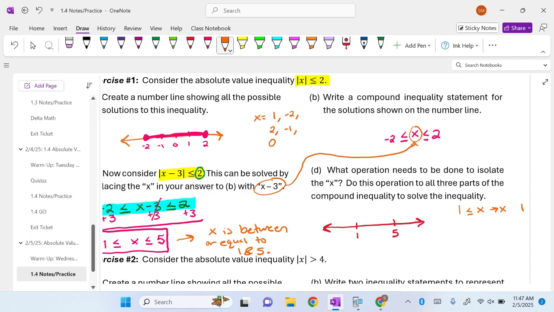So guys, if 1 is less than or equal to x, then it could also be said that x is blank 1. Say that again? Not less than. So think about it logically, guys. Forget the math side of things. Just think logically. If 1 is less than x, then that means that x is greater than or equal to 1. All right?